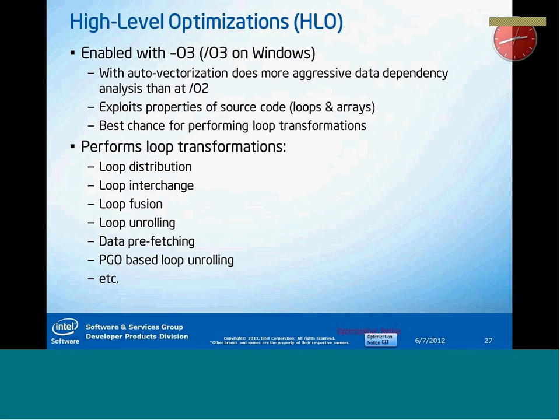I encourage you to try out this high-level optimization that gets kicked in with -O3. I know that a lot of customers just leave the optimization level at -O2. I recommend -O3 because at -O3 the Intel compiler can do much more aggressive data dependency analysis and other work. It can do a lot of loop transformations, and here is a list, like loop distribution, loop fusion, and interchange.